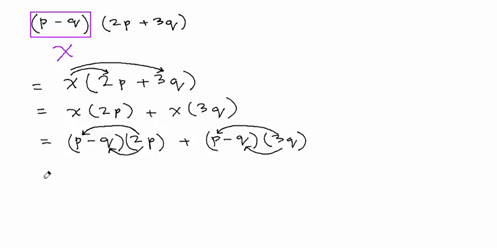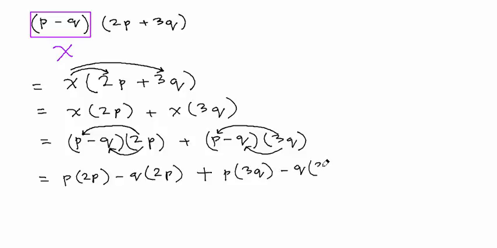Let's just do that. So we have p times 2p minus q times 2p plus, it's this plus, p times 3q minus q times 3q. Time for us to simplify.